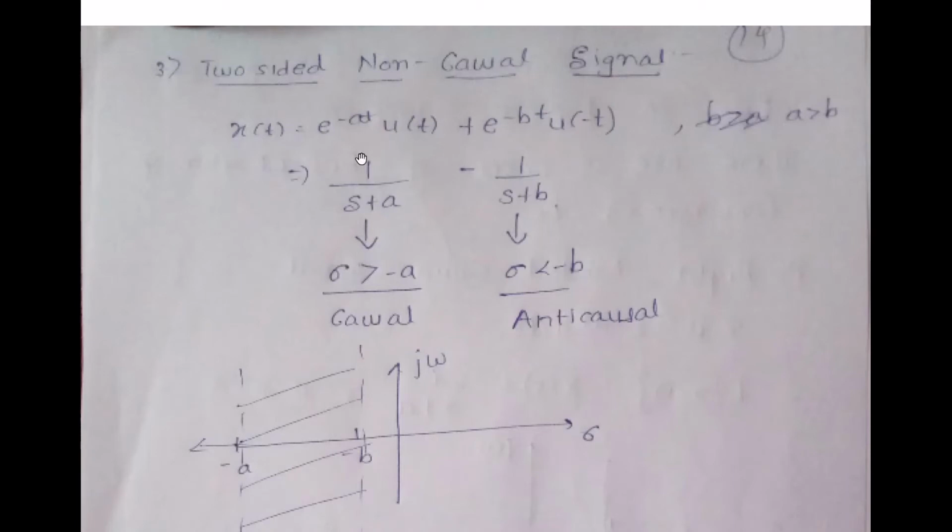The Laplace transform of e raised to minus at u of t is 1 upon s plus a, and e raised to minus bt u of minus t is given as minus 1 upon s plus b. Sigma is greater than minus a for a causal signal, and sigma is smaller than minus b for an anti-causal signal. Remember that a causal signal is given as u of t, an anti-causal signal is given as u of minus t. So remember this thing very well.